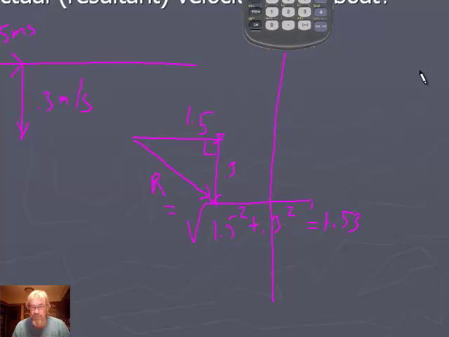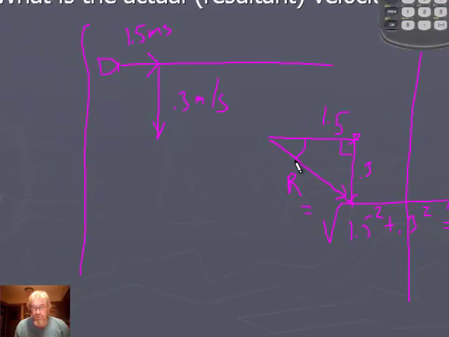We also need to know what is its bearing, its angle. So we're interested in knowing this angle. I'm going to call it theta. And we can use tangent for that, remember? The inverse tangent of the opposite, which is 0.3, over the adjacent, which is 1.5, is going to give me my angle.